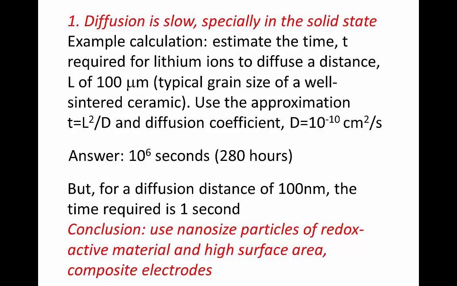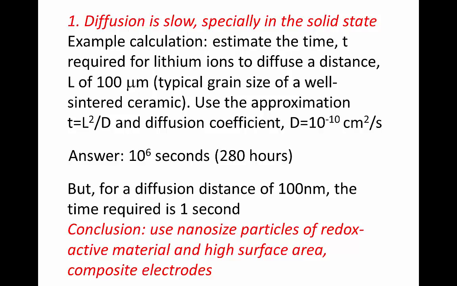So it'll take 280 hours for a lithium ion typically to diffuse from one side of a grain to another, which is not very good if this is the rate limiting step in the charge-discharge process of your battery.